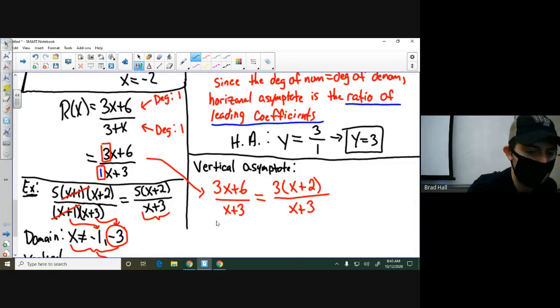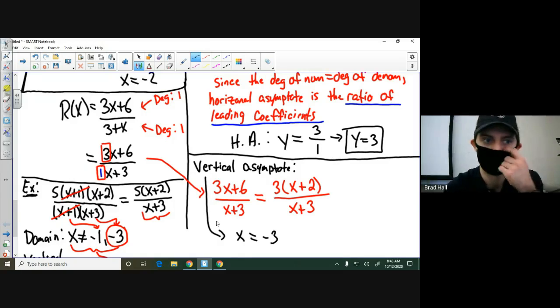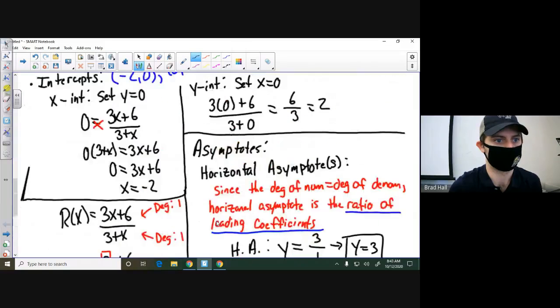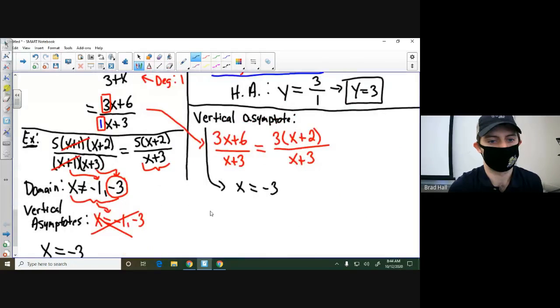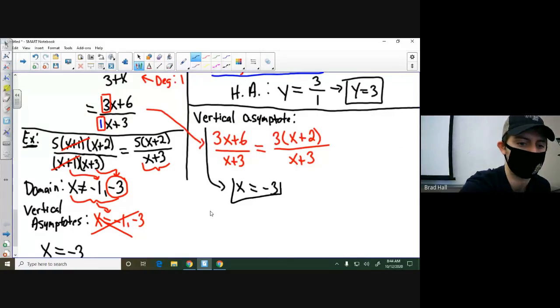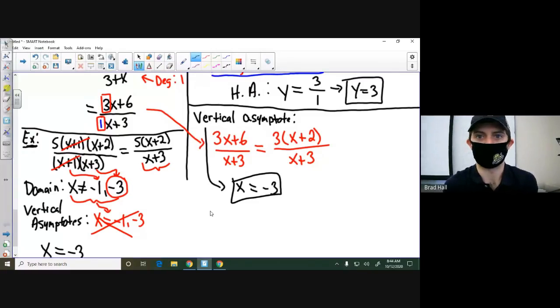So that means our vertical asymptote would simply be that domain that we had from before. Notice it's exactly the domain that we had. The domain said that x was not equal to -3. Here we're just switching out the sign.